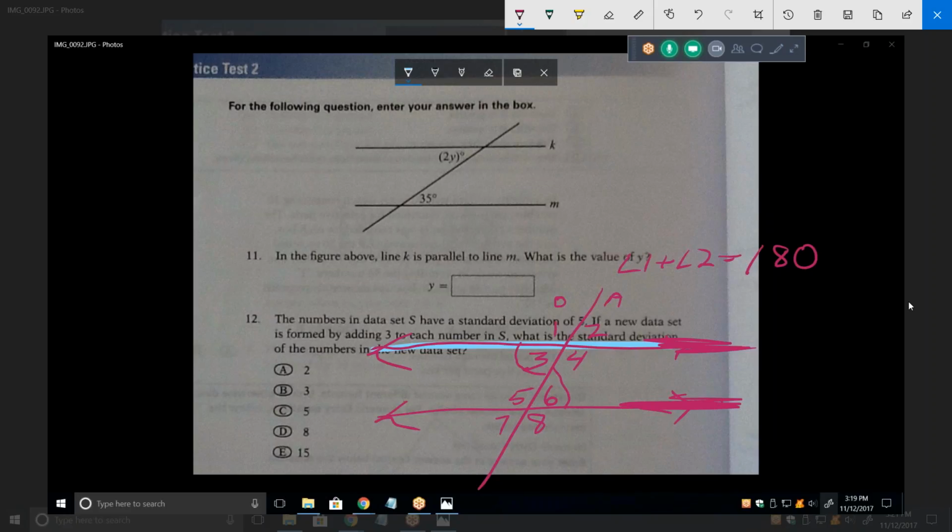So they're asking, what does y have to be to make that parallel to that? Oh, excuse me. No, that's not what it's asking. It's telling you that they're parallel. What is y?